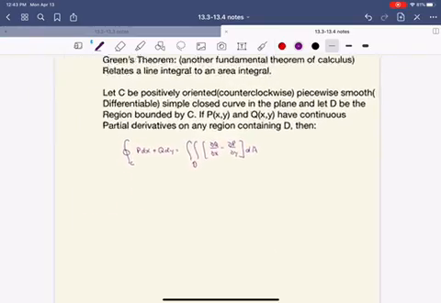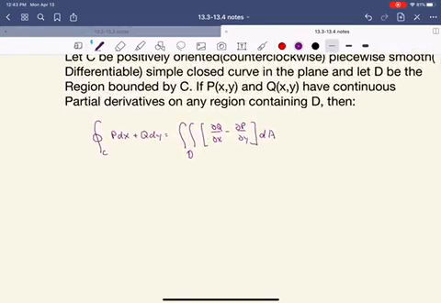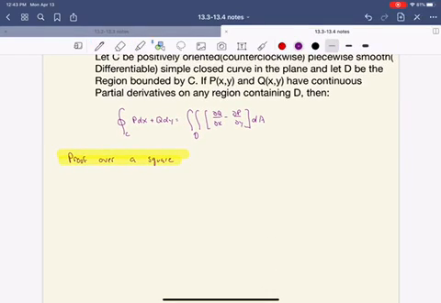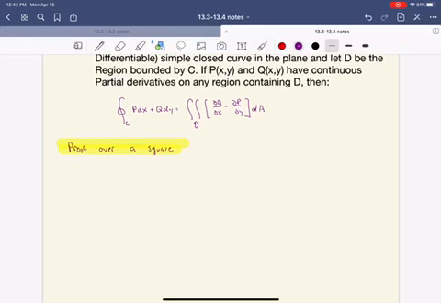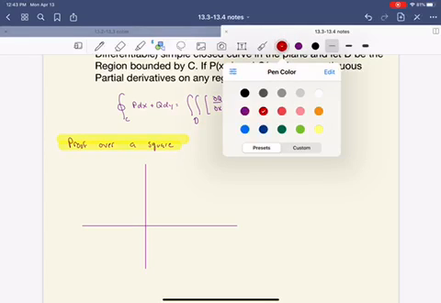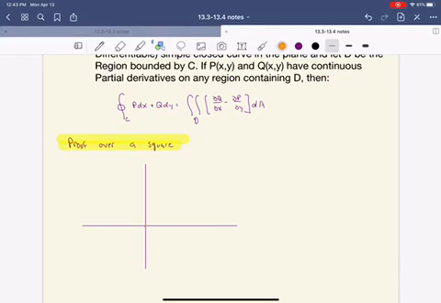So let's do this. Usually for the proof we use a square, so we're going to do a proof over a square. Let's start. I'm going to draw a little picture. Let's say we have a square here.